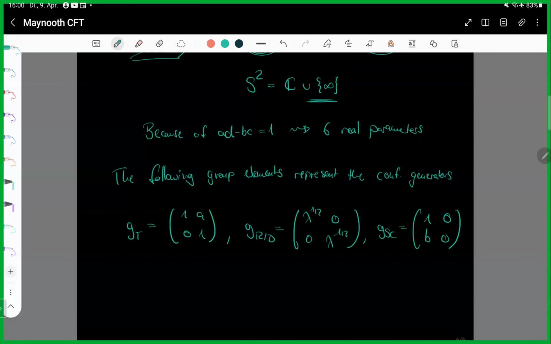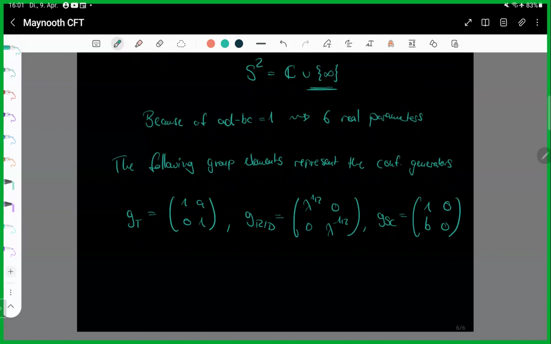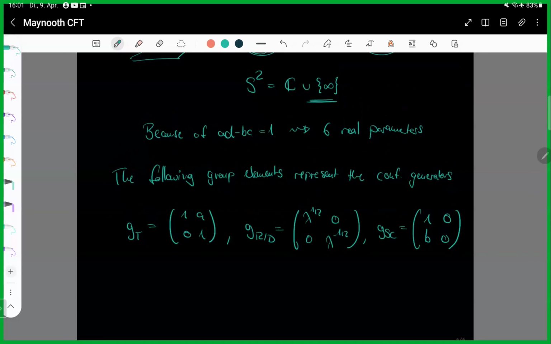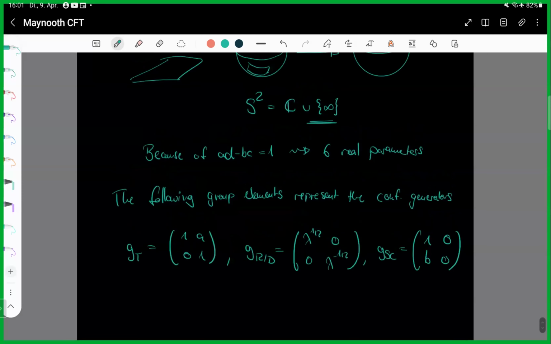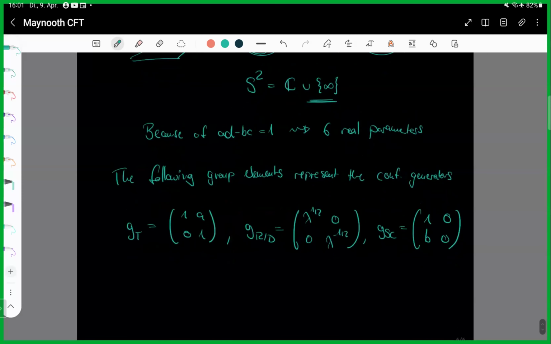In a sense, if you look at the translation and the special conformal transformation, they're almost transposes of each other, except that you have to adjust A equals B, right? It should be 1 in the bottom corner. 1 in which bottom corner? G special conformal. The bottom element. Oh, yeah. Thank you.